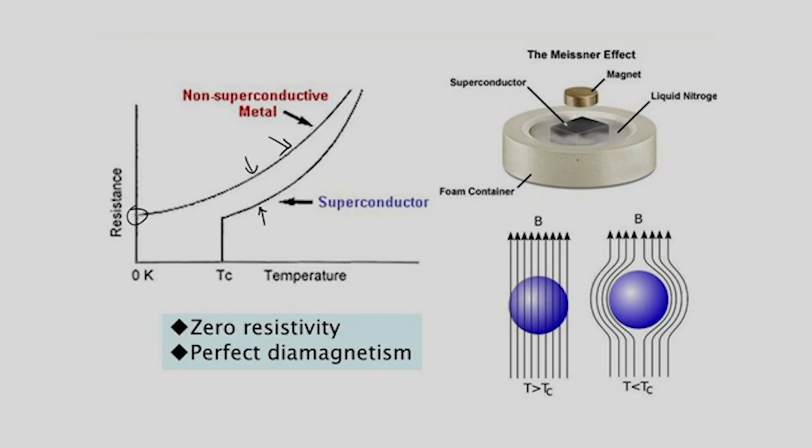That is being shown here: you have liquid nitrogen, a superconductor kept inside the liquid nitrogen, and a magnet held above it, and the magnet will keep floating on the superconductor for as long as the liquid nitrogen can support superconductivity.